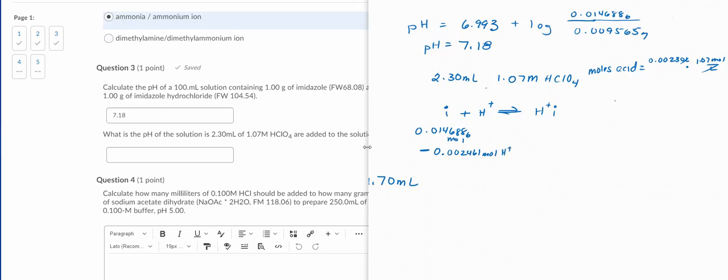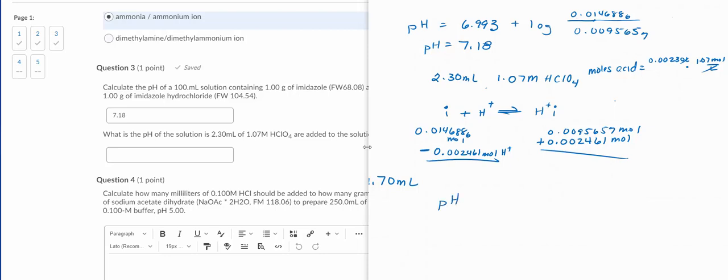Now, when I do that, I am immediately making more of my conjugate acid here, 0.002461, and it is equal to the moles of acid that are added. But I have to start with this value that I found above, moles. So now we can calculate our new moles and our new pH.